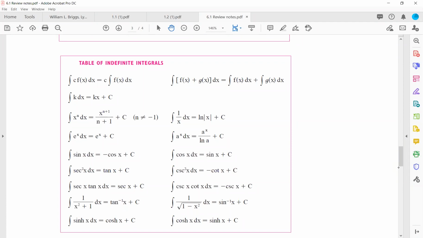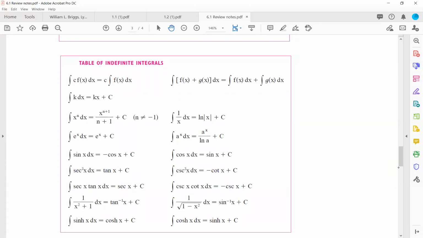The integral of secant squared is tangent plus constant of integration. The integral of cosecant squared is negative cotangent plus constant of integration. Wherever you see the integral of secant tangent, this is equal to secant. The integral of cosecant cotangent is minus cosecant.